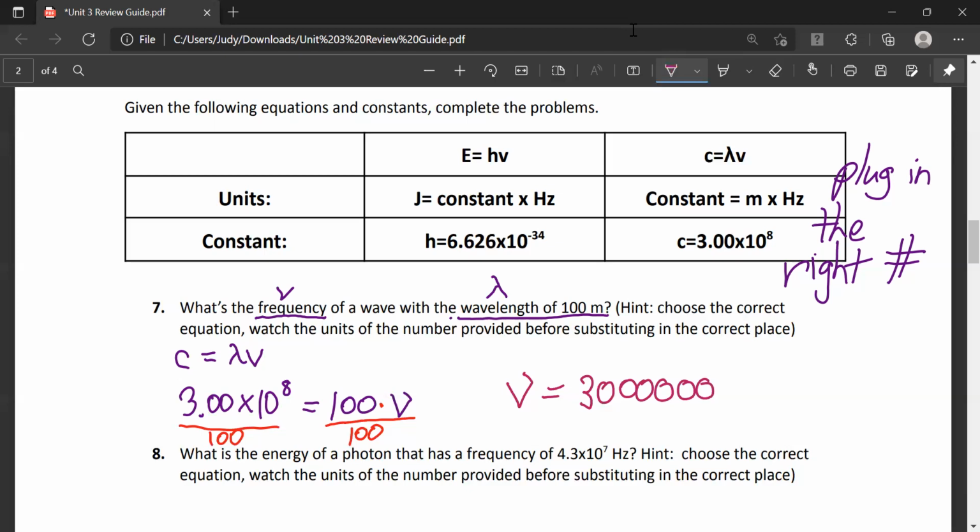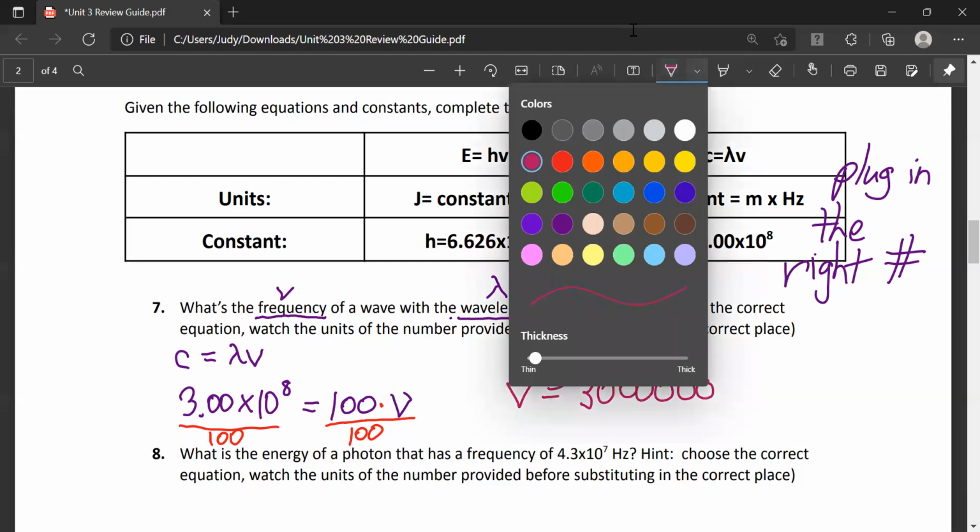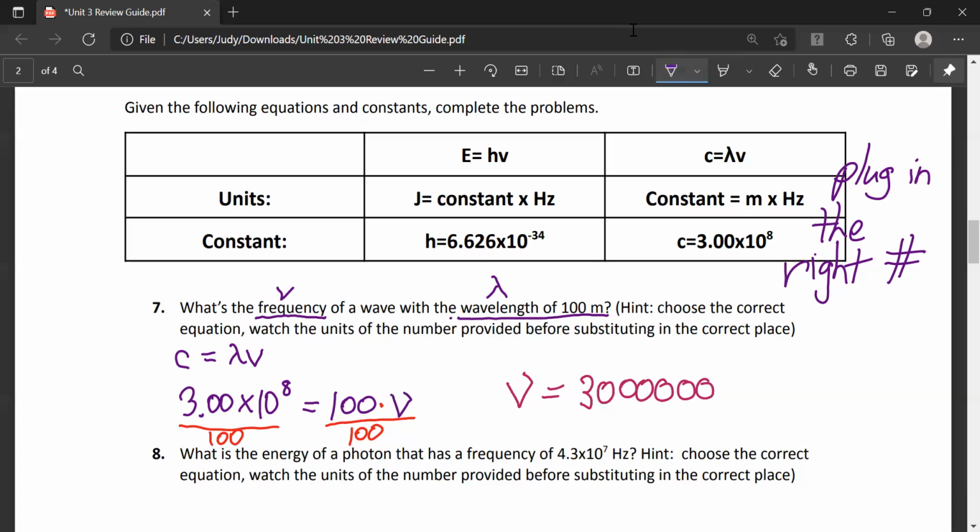But I know I taught you guys scientific notation, and to do so, all you got to do is move the invisible decimal on the right all the way until you reach a number that is less than 10 but greater than 1.